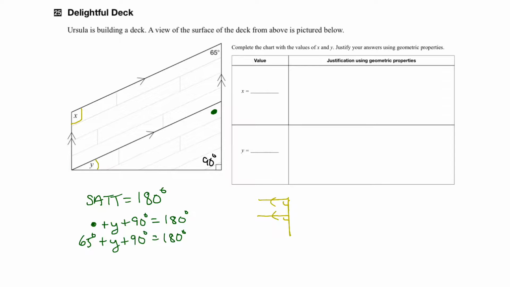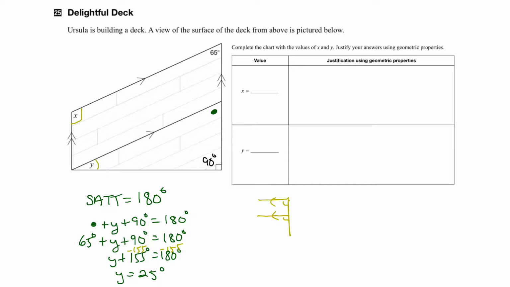Well, let's solve this equation. So 65 plus 90, so y plus 155 degrees equals 180. And then to isolate for y, we have to subtract 155 from both sides. And when we do that, y would equal 25 degrees.